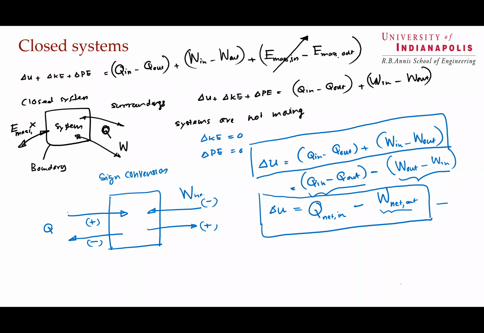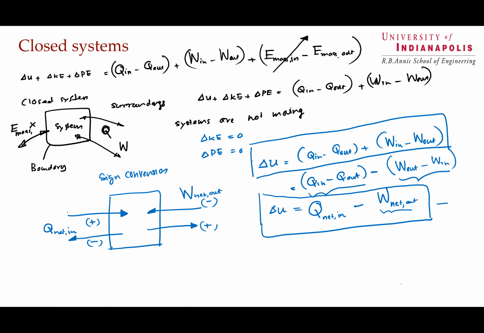So this net out, okay? And this net in. So when you solve this equation and you get a negative value for work, that means that is a work input, okay? This will be clarified when you work with more problems. So if this is confusing, please ask questions.